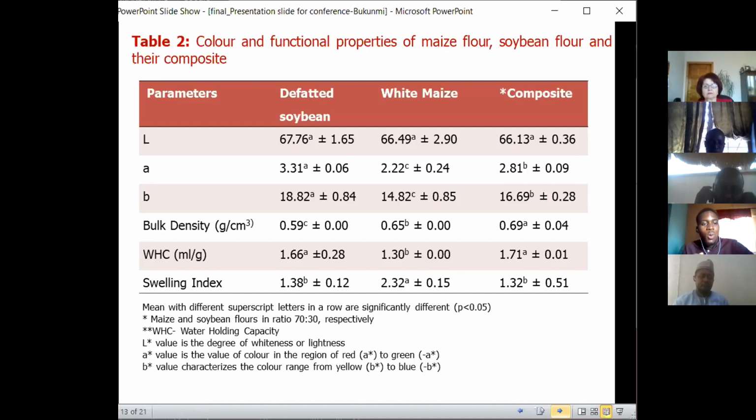Then the water holding capacity of the full-fat soybean flour was higher than that of maize because of the polar amino acids present in soybean. So the addition of soybean to white maize increased the water holding capacity in the composited flour.